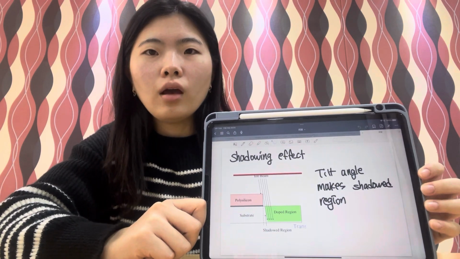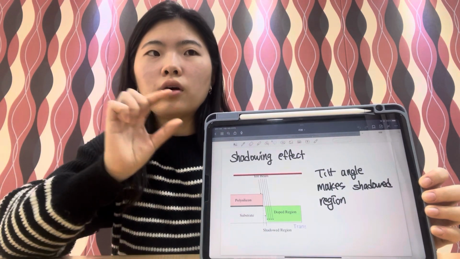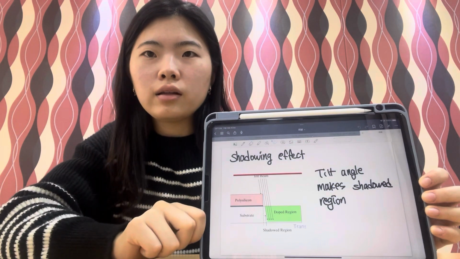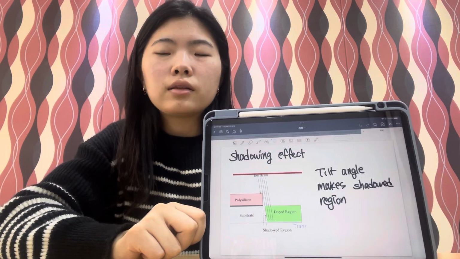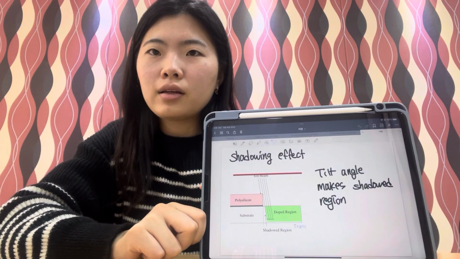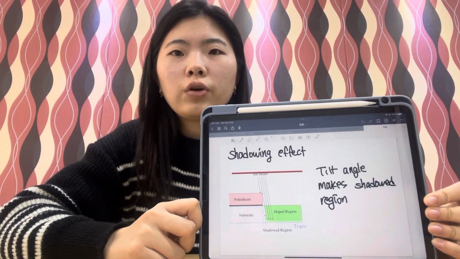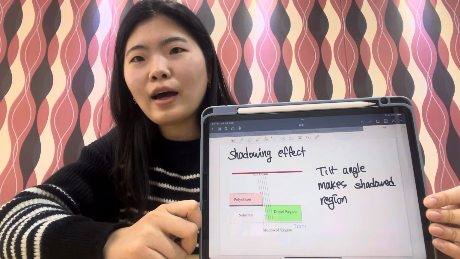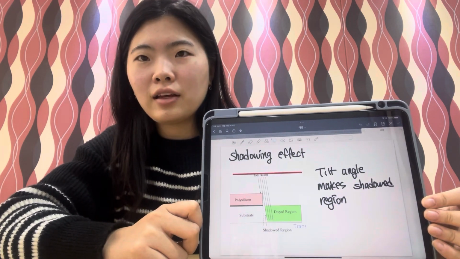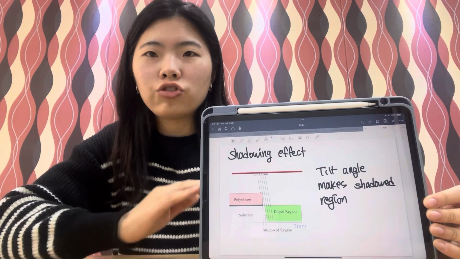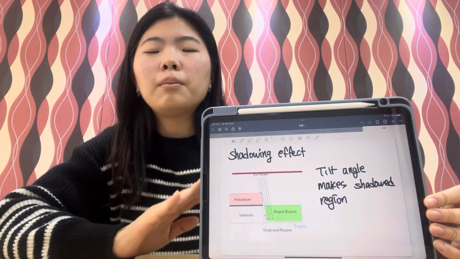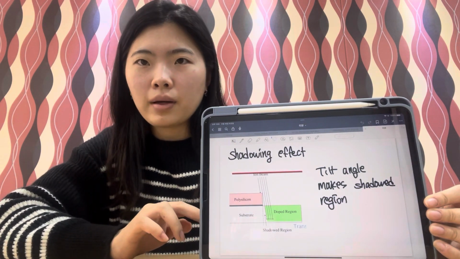So we should control the tilt angle to not make a shadow region. The shadowing effect always happens in ion implantation, so we should control and check every time to make a more precise pattern.